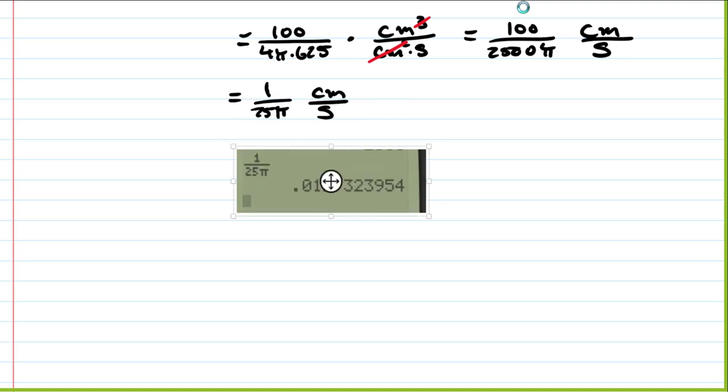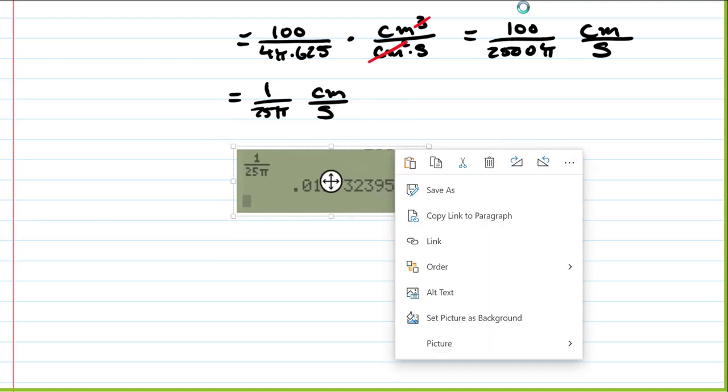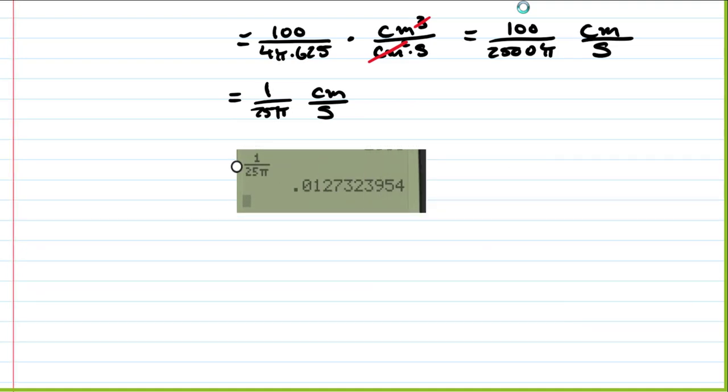So it tells us that our radius is increasing by about 0.013 centimeters per second. So not very fast.